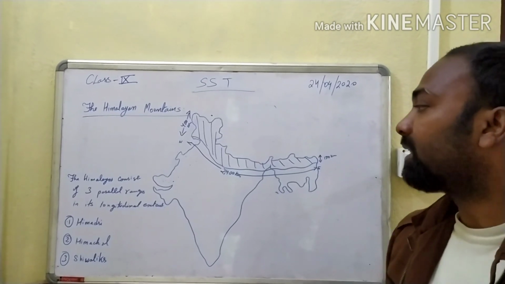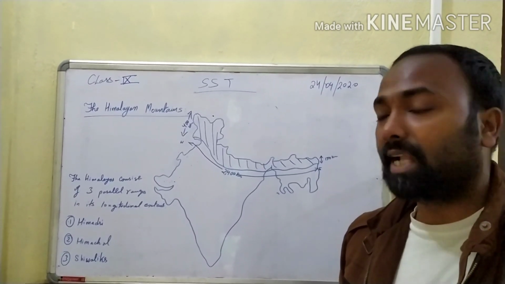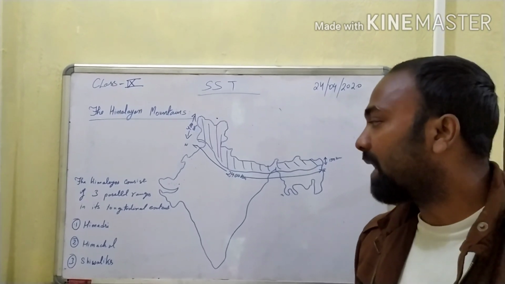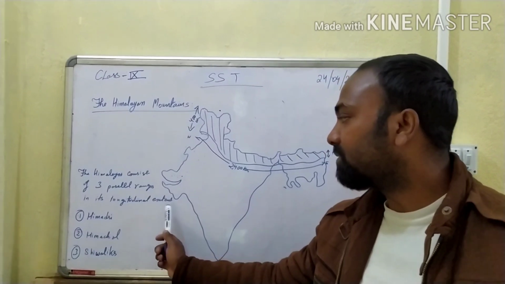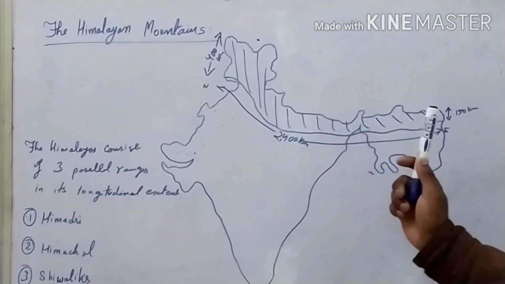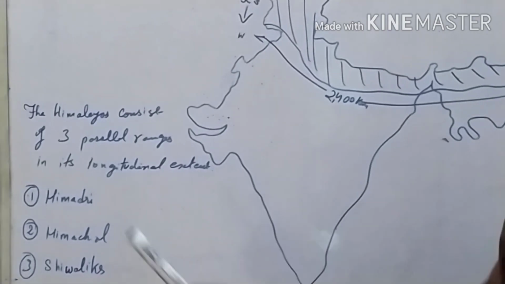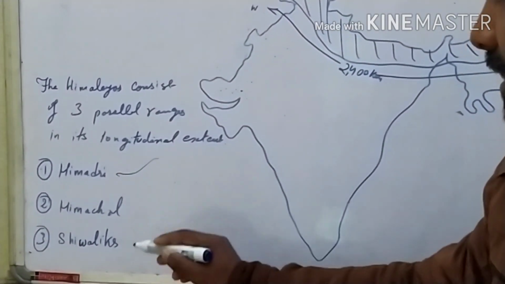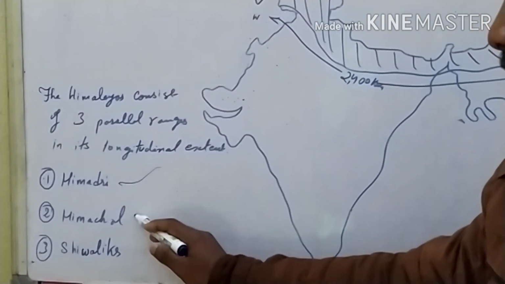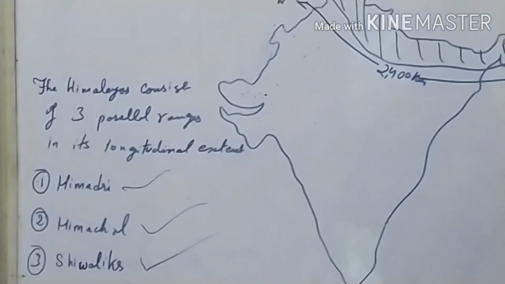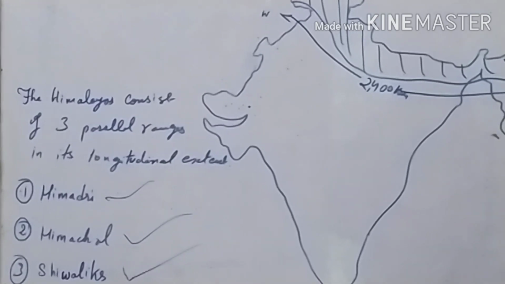It has been divided into three parallel ranges in its longitudinal extent. Those are the Himadri, the inner Himalayas, the Himachal, the middle Himalayas, and the Shivalik, the outer Himalayas.